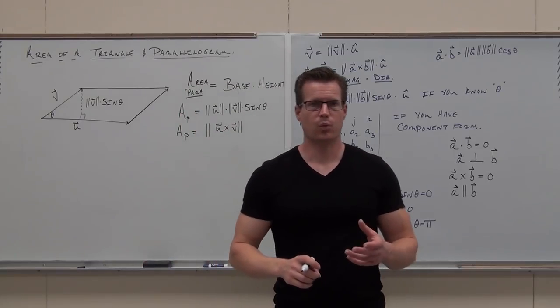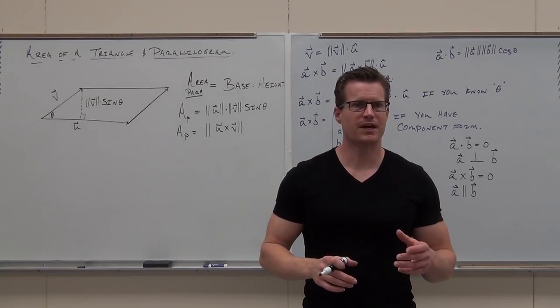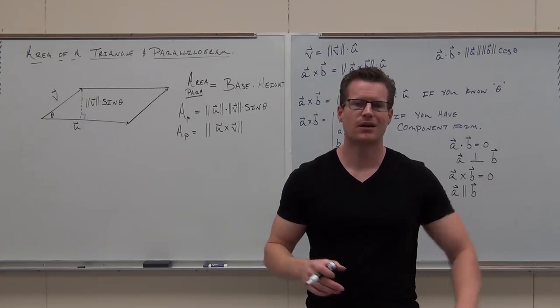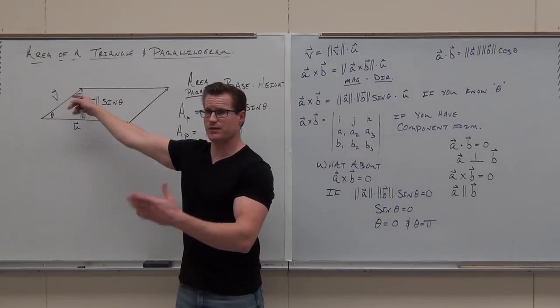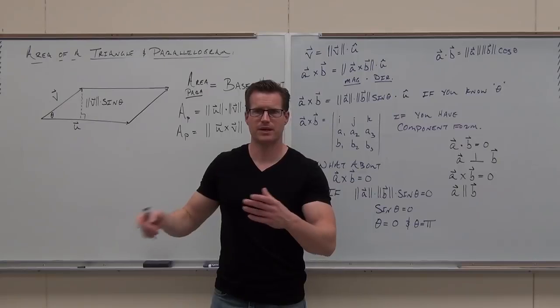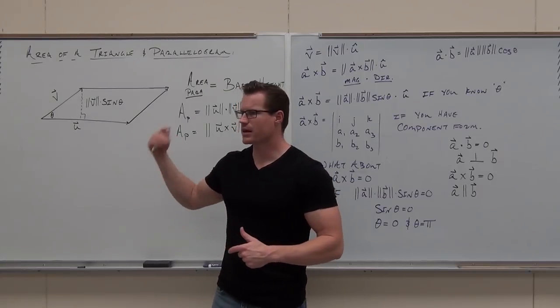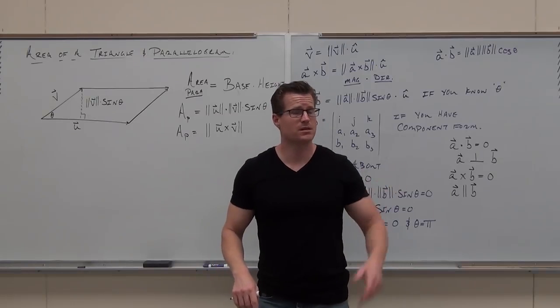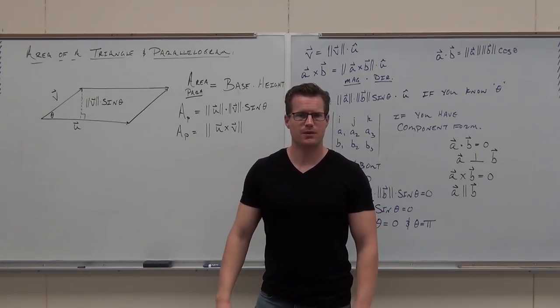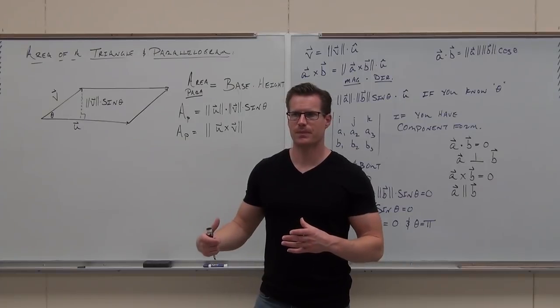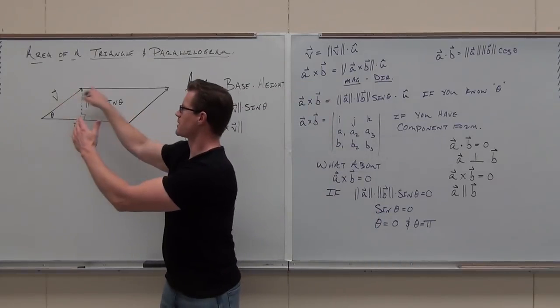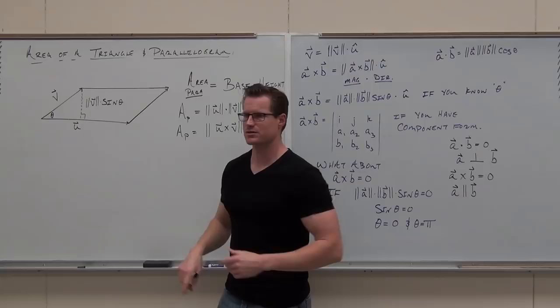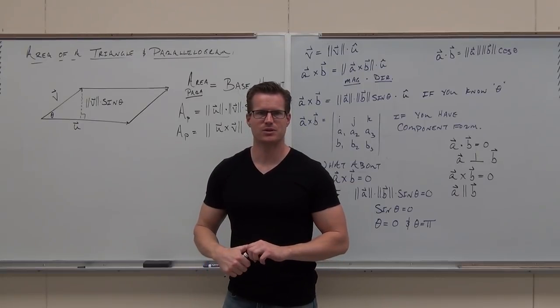So what's really cool is if I give you any two vectors, you know by the parallelogram law that they make up a parallelogram. So to find the area of any parallelogram bordered by two vectors, it's easy. Cross product, magnitude, done. That gives you the area contained by the parallelogram bordered by these two vectors. It's pretty neat.